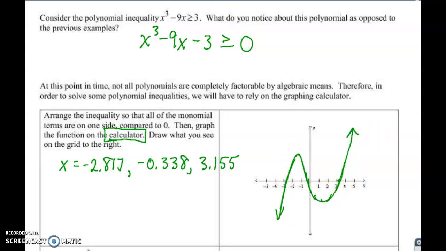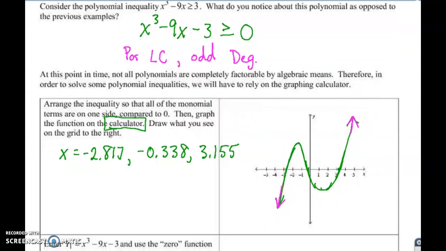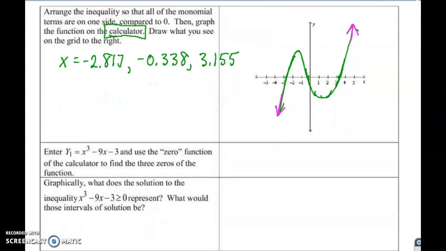Which, if you remember from Algebra 2, probably, we have that positive leading coefficient on an odd degree. This is ringing bells, that's a good thing. So odd means opposite end behavior. And then positive is up and to the right, down and to the left. If those are coming back to you, then that's a good thing.